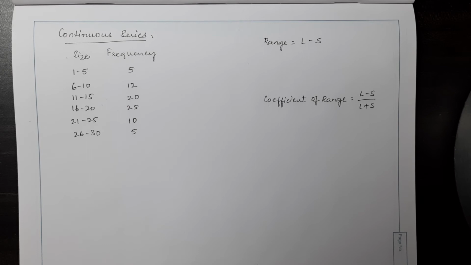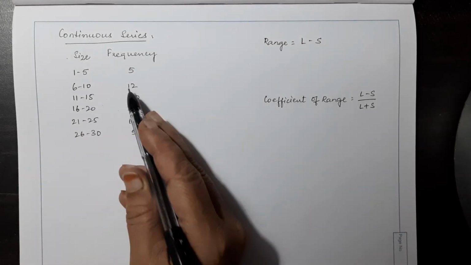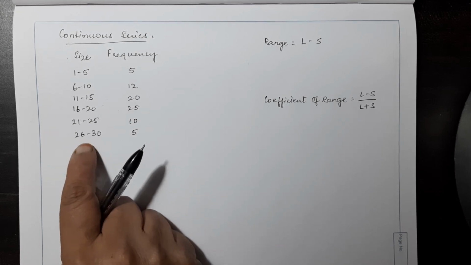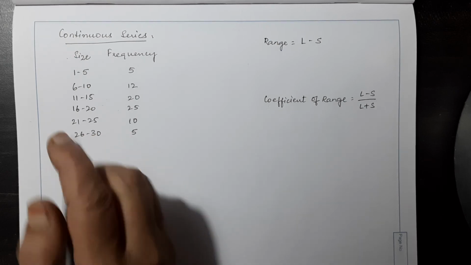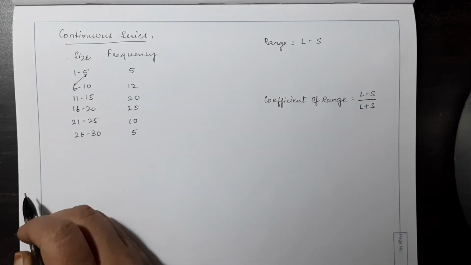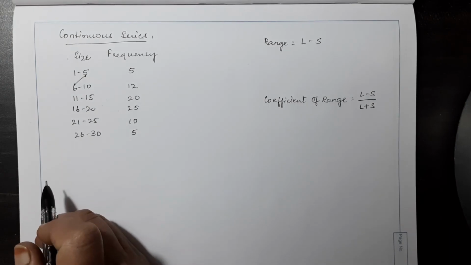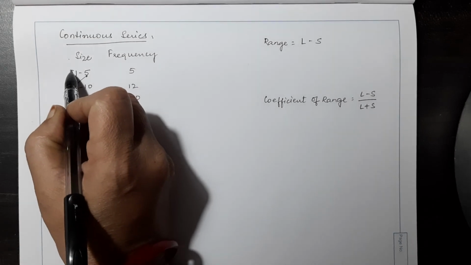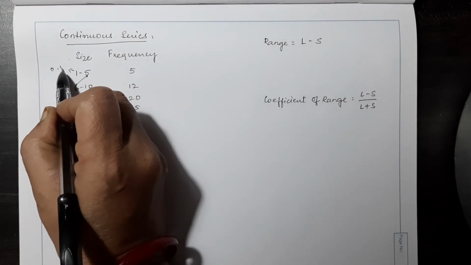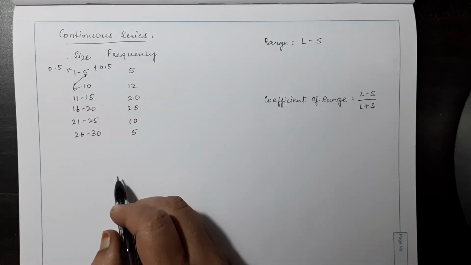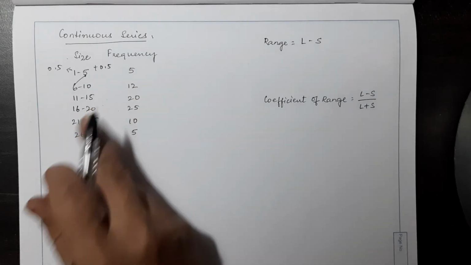Let's also learn the range for continuous series. The size of the items is given and the frequency is also given to us. Observe that this is an inclusive series. We have to convert it into an exclusive series. What do we do for that? The difference between these two values is 1. 1 divided by 2 is 0.5. So we subtract 0.5 from the lower class limit and add 0.5 to the upper class limit.